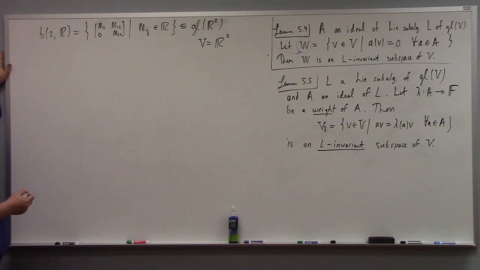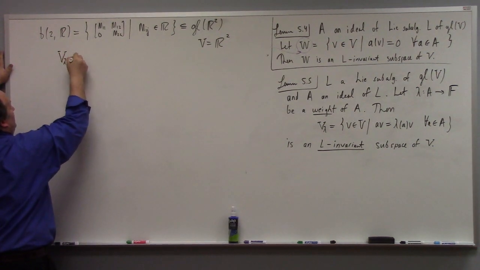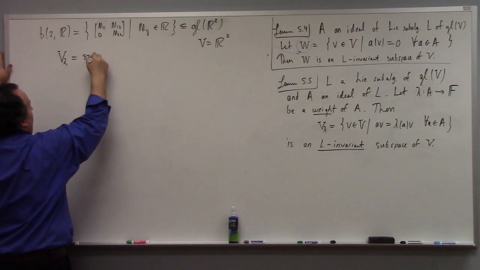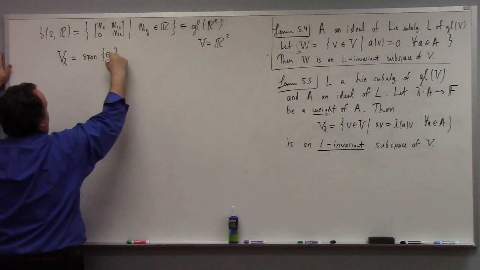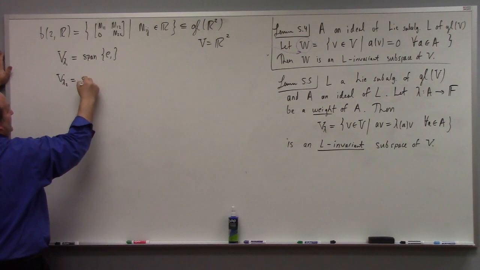So in this case, we could figure out what the eigenspaces are. There's going to be a V lambda 1, which is the span of E1, and there's going to be V lambda 2, which is the span of E2.